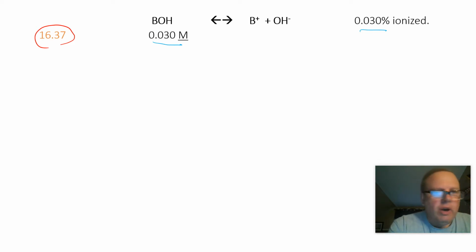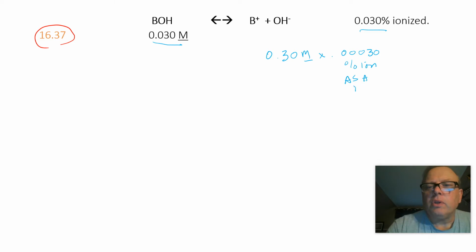So here's how I solved it. The first thing I did was figure out the amount that I ionized. So I took this 0.30 molarity, and I multiplied that by 0.00030, and this is the percent ionization as a decimal.